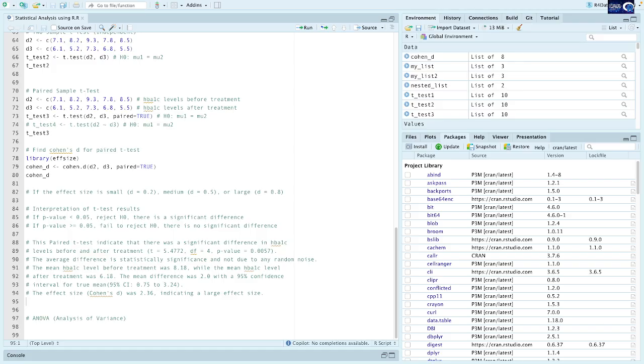Correlation measures the strength and direction of a linear relationship between two variables, and on the other hand, regression models the relationship between a dependent variable and one or more independent variables, allowing for prediction and understanding of how a change in the independent variable affects the dependent variable. So this is what regression tries to answer.